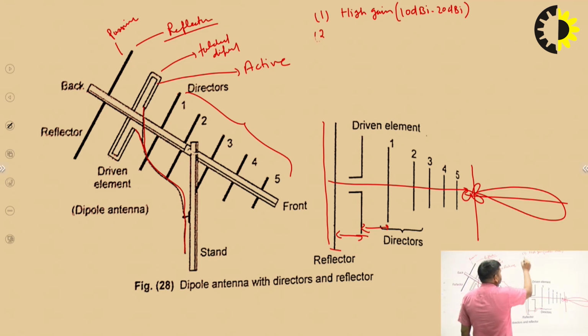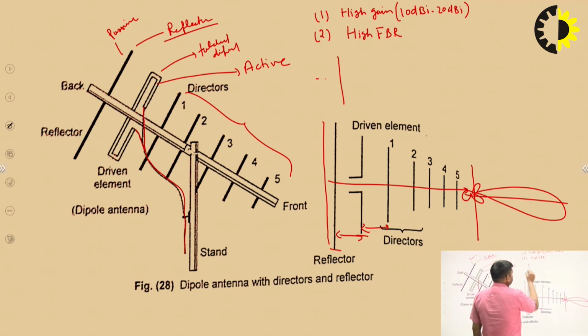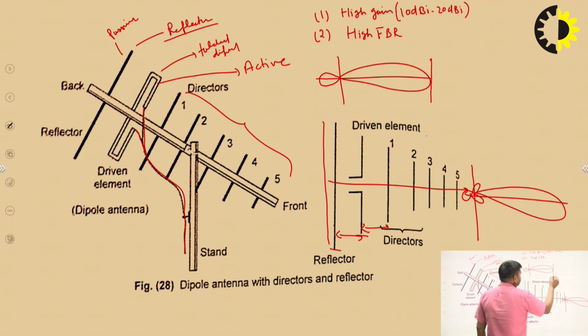The second property is high front to back ratio. What is the meaning of front to back ratio? Front to back ratio is the ratio of the directive power to the opposite power. Suppose this is the radiation pattern of a Yagi antenna having a power of 10 milliwatt in the forward direction and 1 milliwatt in the reverse direction.